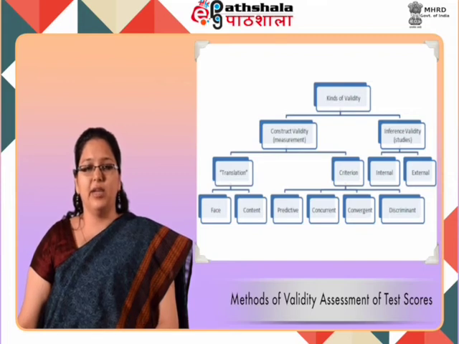Determining validity by criterion related studies, that is criterion based validity. This kind of validity deals with the ability of test scores to predict human behavior, either with the help of other test scores, observable behavior or other accomplishments such as grade point averages.